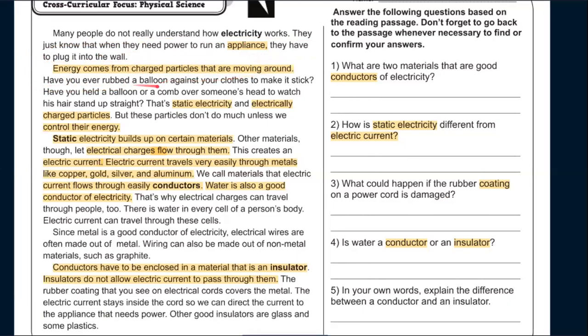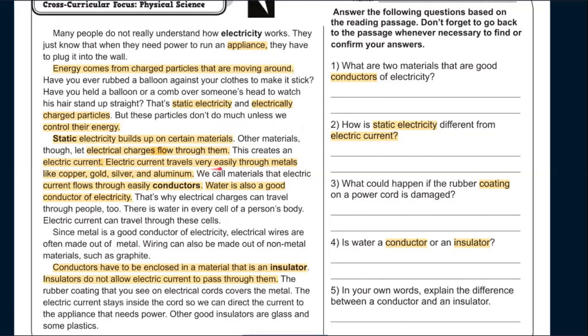Have you ever rubbed a balloon against your clothes to make it stick? Have you ever held a balloon or a comb over someone's head to watch his hair stand up straight? That's static electricity and electrically charged particles. But these particles don't do much unless we control their energy. Static electricity builds up on certain materials. Other materials, though, let electrical charges flow through them. This creates an electrical current.